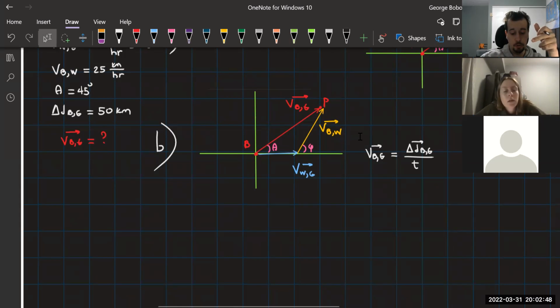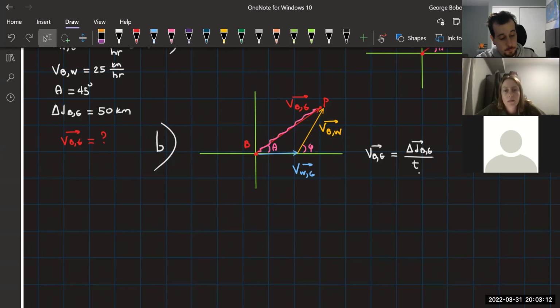Remember, do the velocities share the same direction as the displacements? They do. Okay. So what's the difference then? How do I get this? The time. And to be fair, while you're traveling from here to your port, the time that it takes to do that motion, the current is going to be acting on you for the same time.